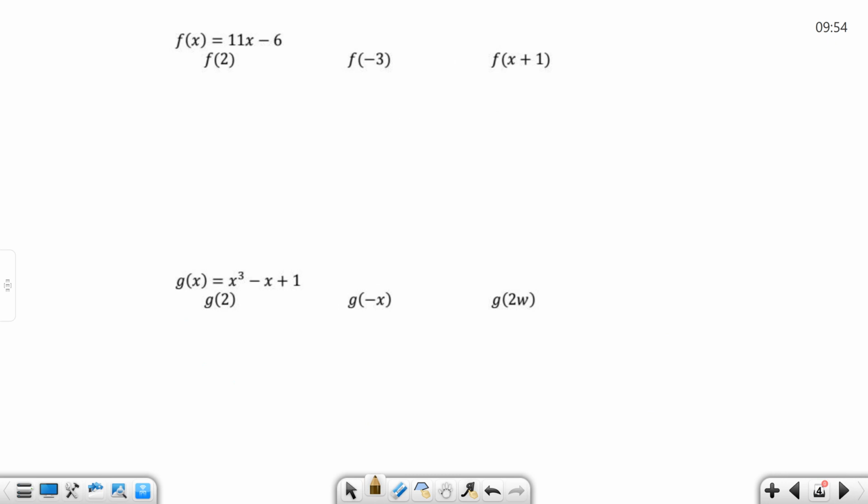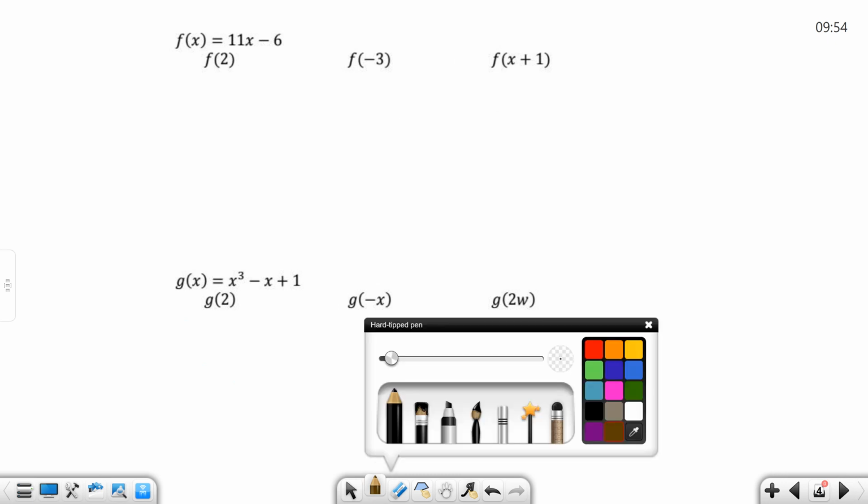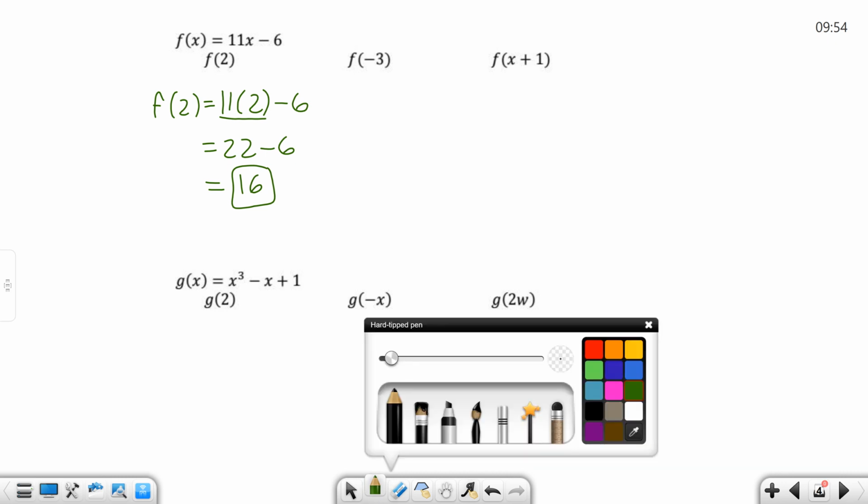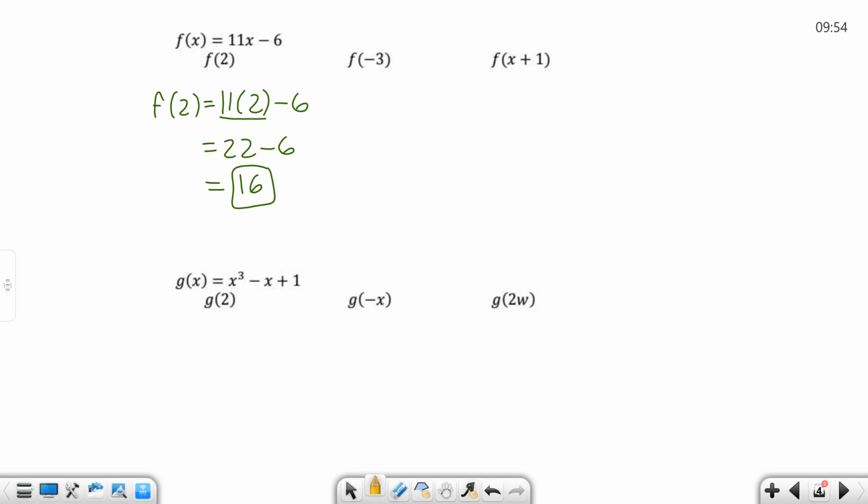So let's look at another example or two, or many, many more. Here, again, f of x is 11x minus 6. So f of 2 equals 11 times 2 minus 6. I don't need a parenthesis there. So 11 times 2 is 22, minus 6, which is 16. f of negative 3 is going to be 11 times negative 3 minus 6.